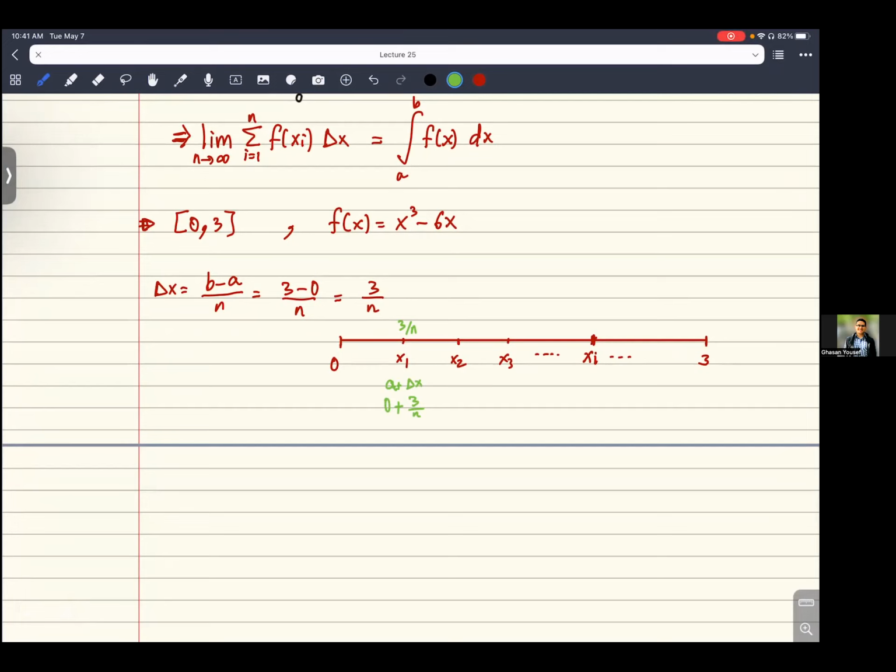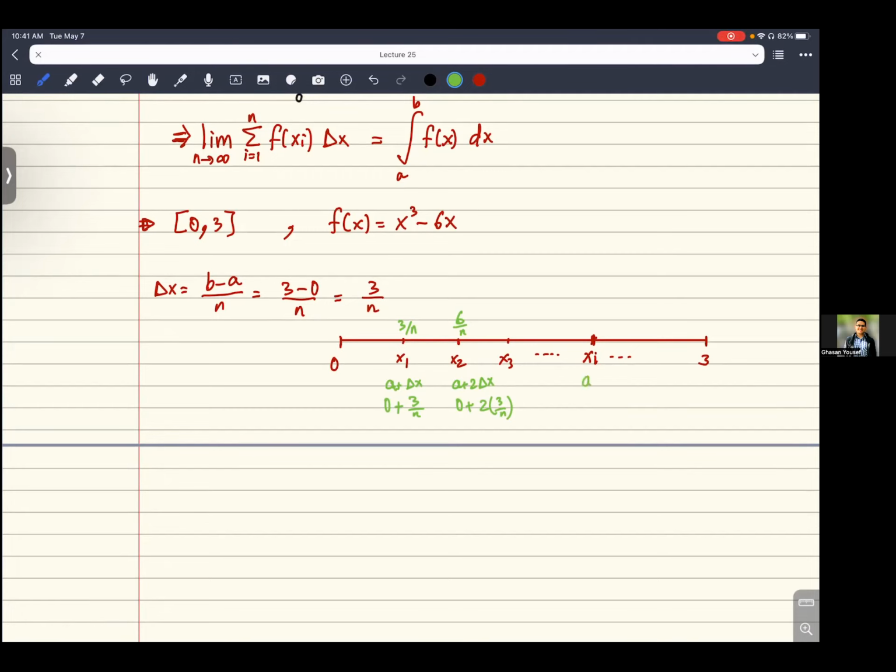The second point, x2, is the same as a plus 2 delta x, which is 0 plus 2 times 3 over n, the same as 6 over n. If I keep going, finding x3, x4, x5, we're going to find xi.